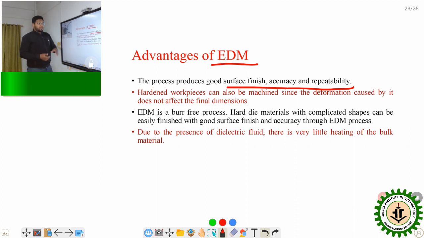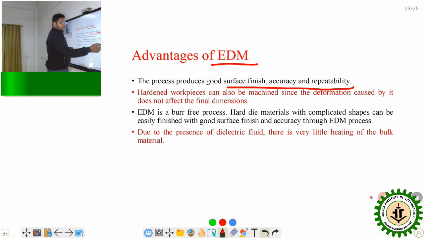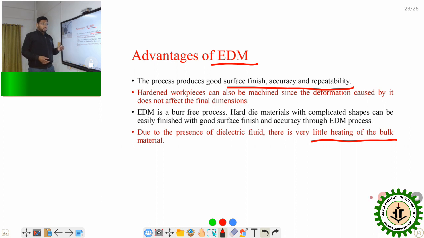EDM is a burr-free process. And the main advantage is that, due to the presence of the dielectric fluid, there is very little heating of the bulk material. There is obviously some thermal stress, but it is very low.